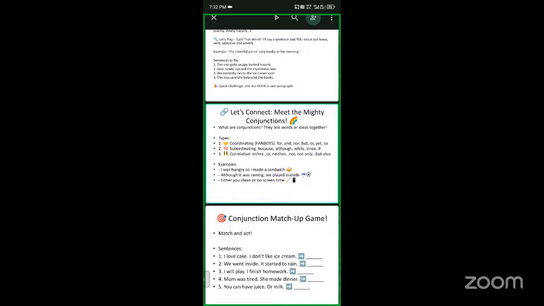So close your eyes quickly. Let's see if you can remember these. What does N stand for? Nor. What about Y? Yet. How about F?